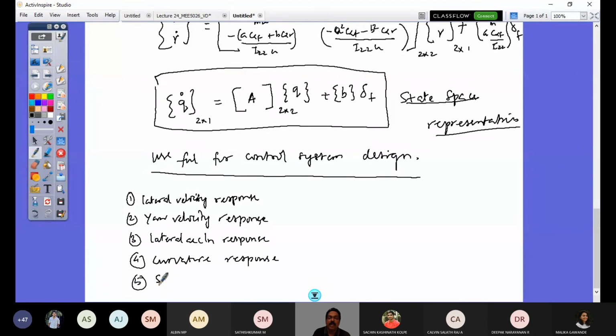Side slip is beta, so side slip response.